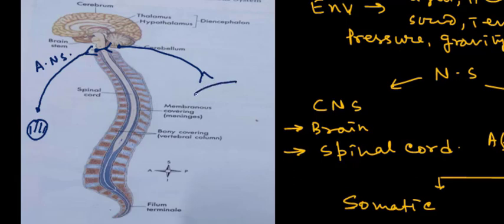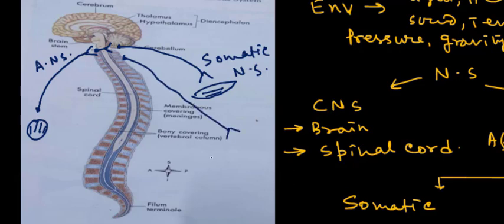This effector may be skeletal muscle, and then they constitute the somatic nervous system, or this effector may be cardiac muscles, smooth muscles or different types of glands, right? So this is the division of our nervous system.